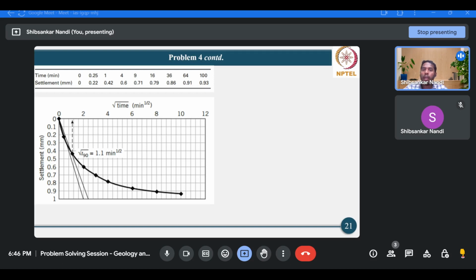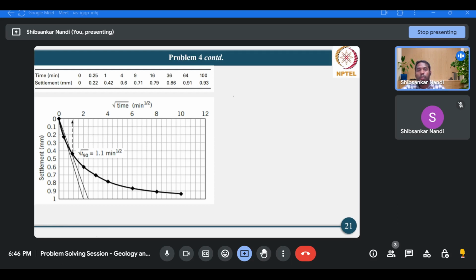Now how can we calculate it? We can calculate it by two methods, as we have learned in this subject. There are also other methods, but at least for this subject we have learned two.